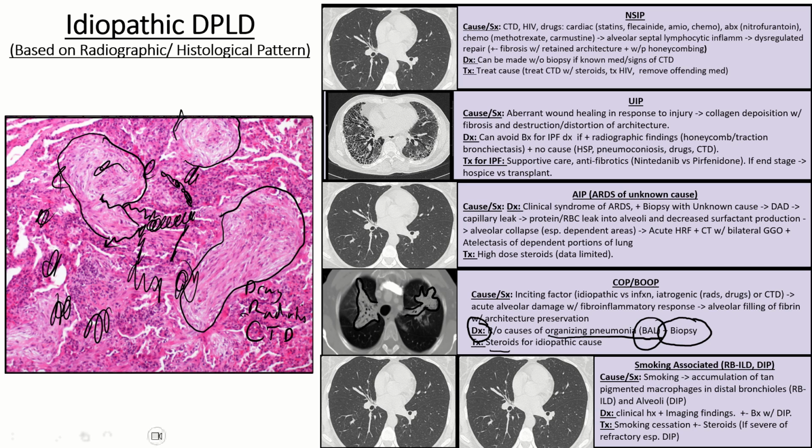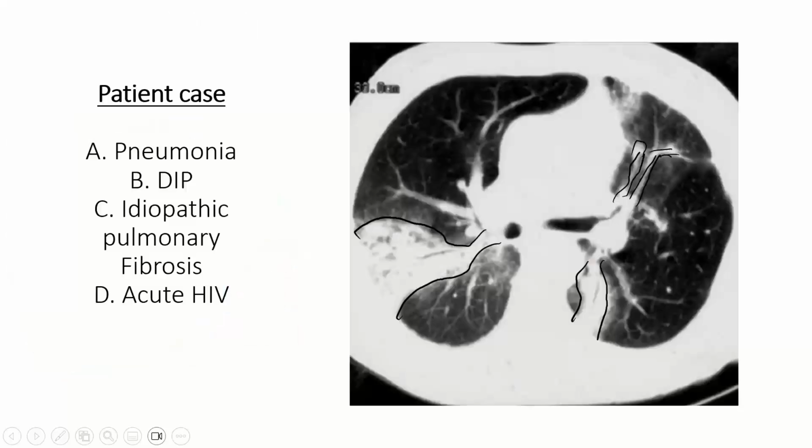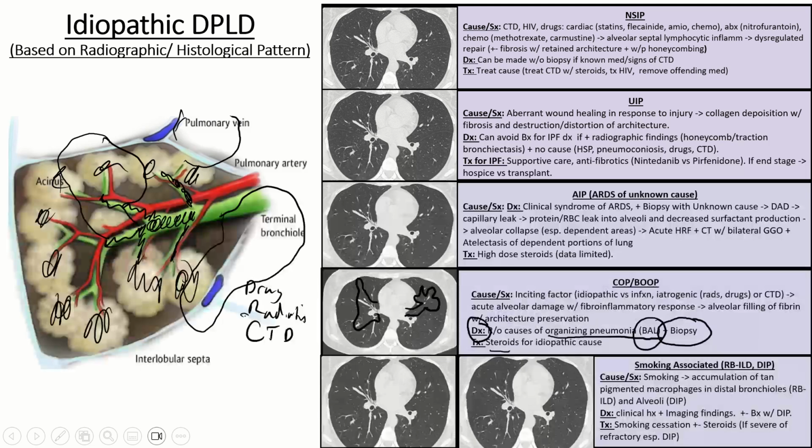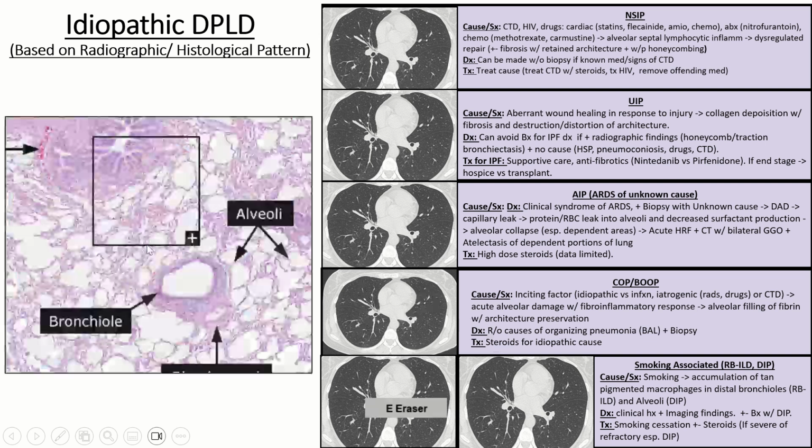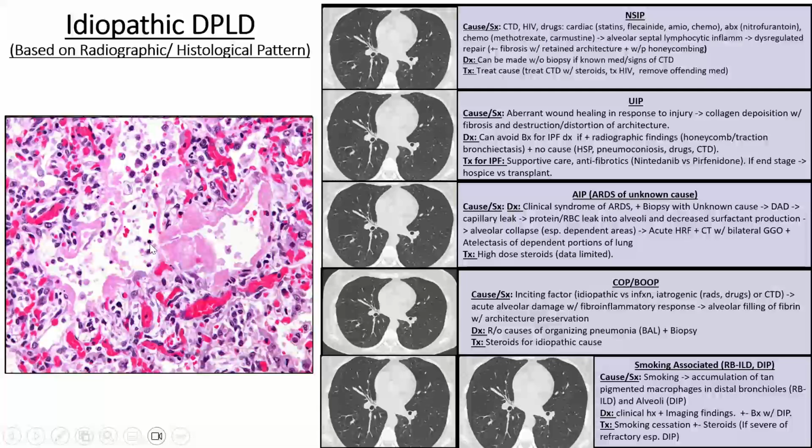The other thing that was on this differential here was, let's see, AIP. Oh, I didn't put AIP on here. But what is AIP? And hopefully we'll go into NSIP as well. So AIP, this is a clinical syndrome of ARDS, right? So these patients have ARDS, and just like ARDS, these patients are going to have diffuse alveolar damage.